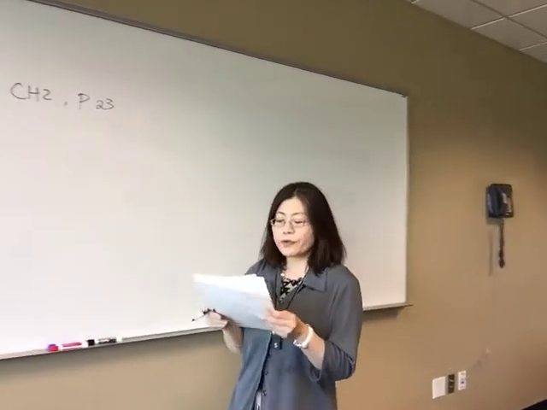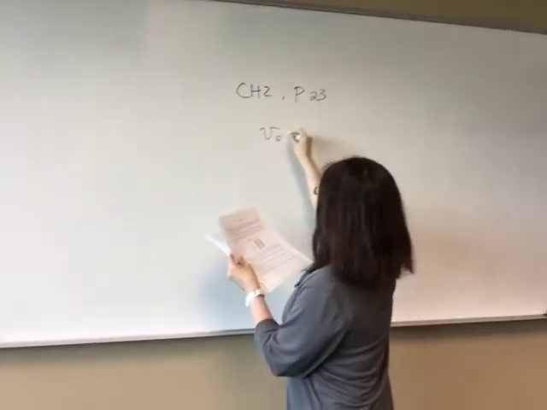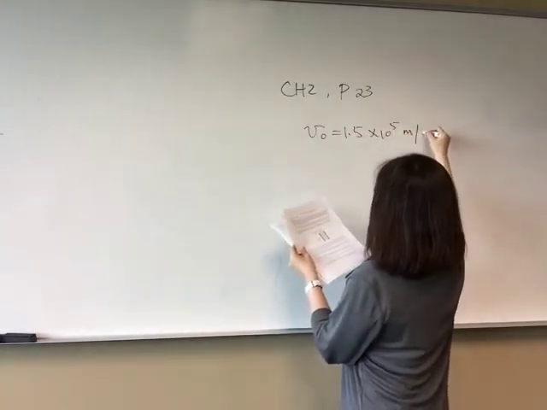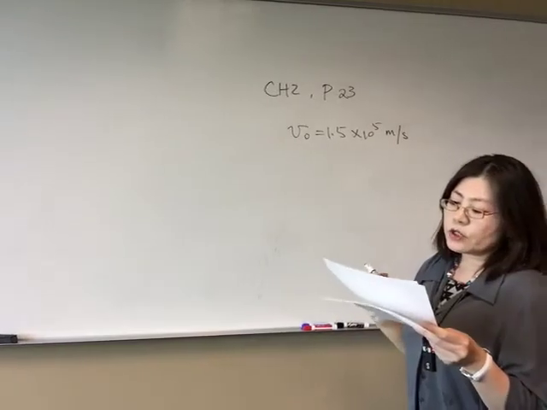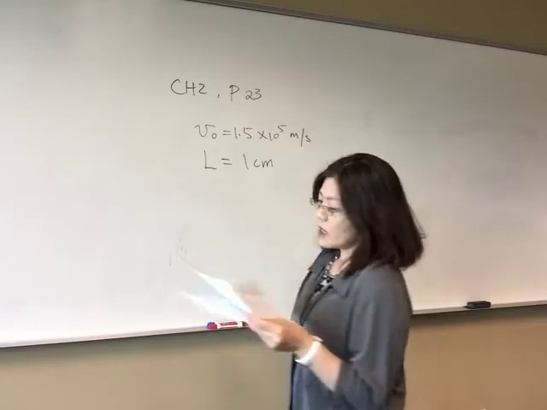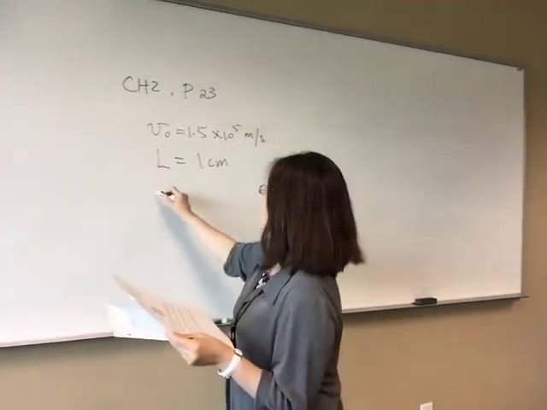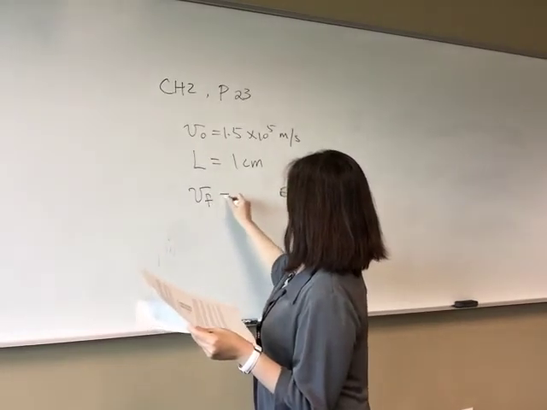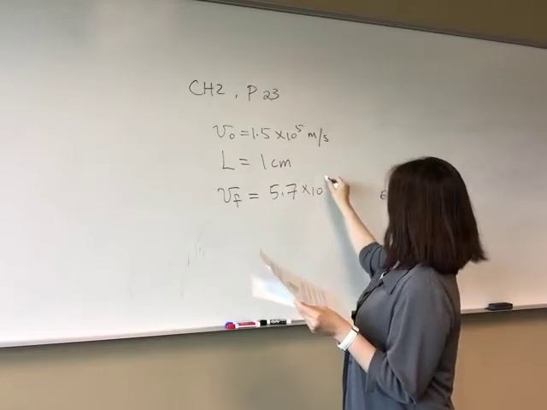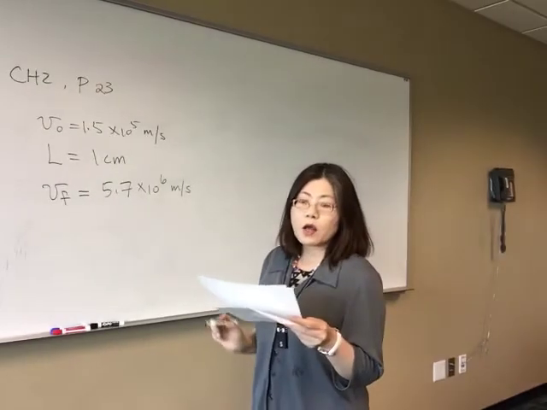Alright, so problem 23: an electron with an initial velocity of 1.5 times 10 to the 5th meters per second enters a region of length 1 centimeter where it is electrically accelerated, and emerges with a velocity. The emergent velocity, we call that the final velocity, is 5.7 times 10 to the 6th meters per second. What is the acceleration, assumed constant?